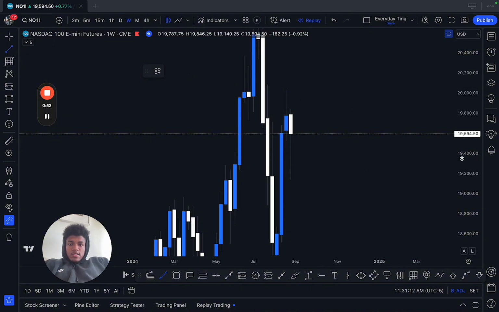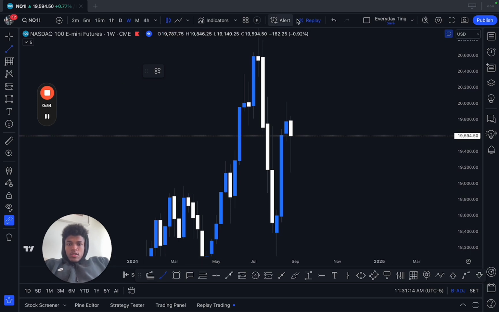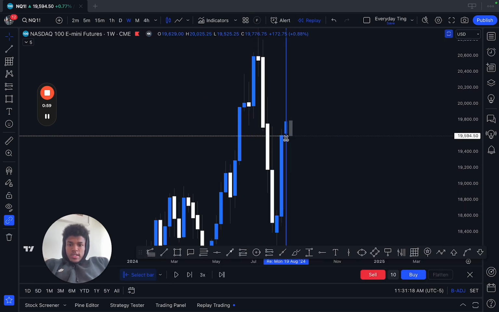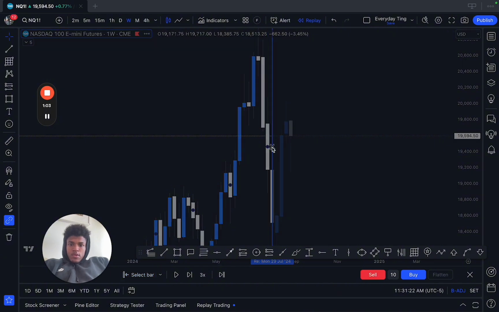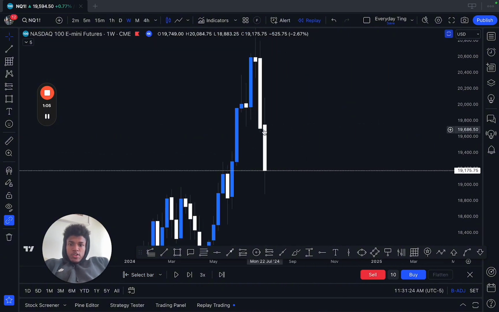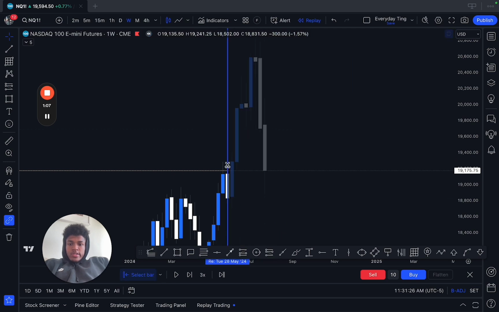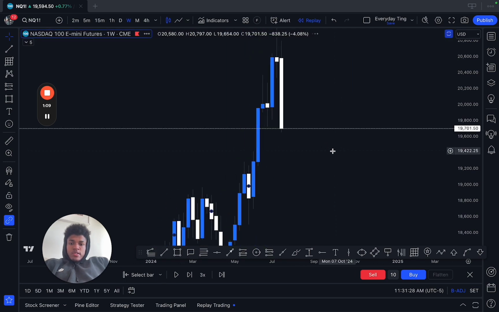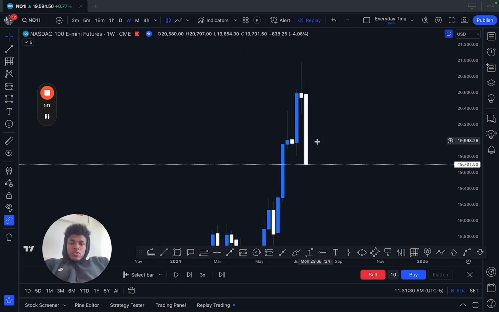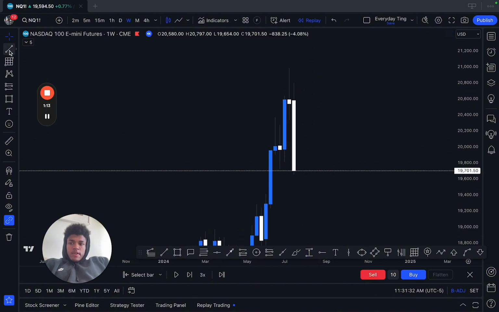So let's just say, for instance, let's replay this back to this week. This week is the week of the 22nd of July, right? Let's just say before this candle printed, we were looking at this weekly candle, and we saw that, okay, cool, we just failed to expand.